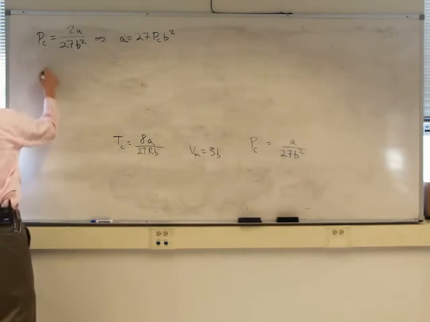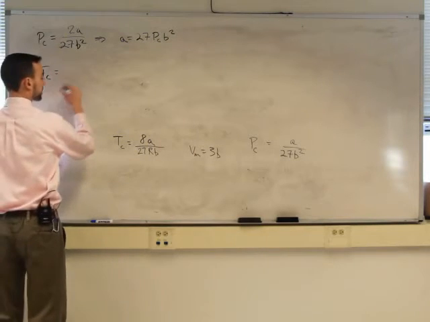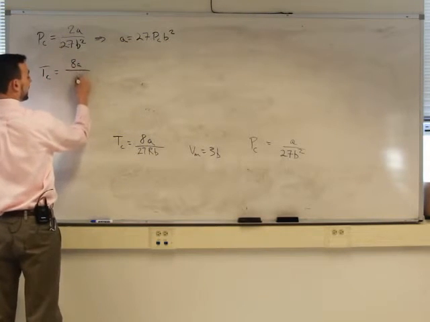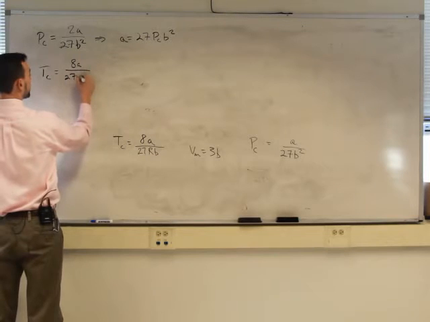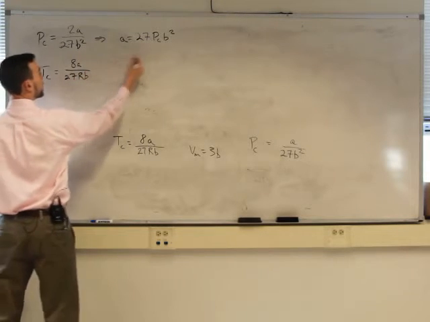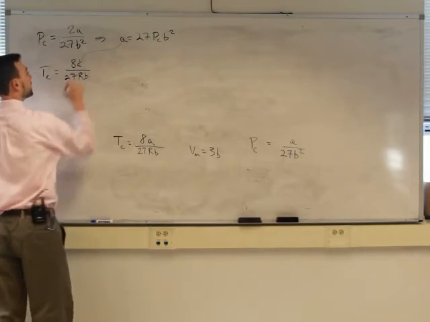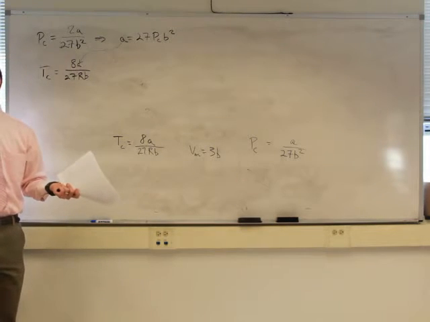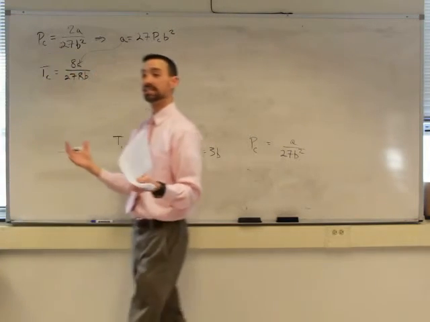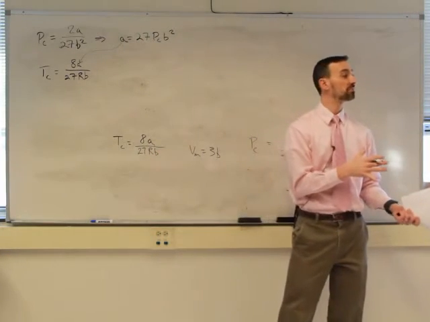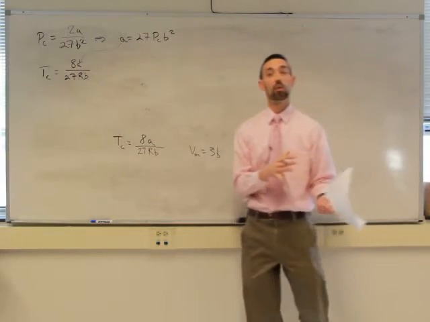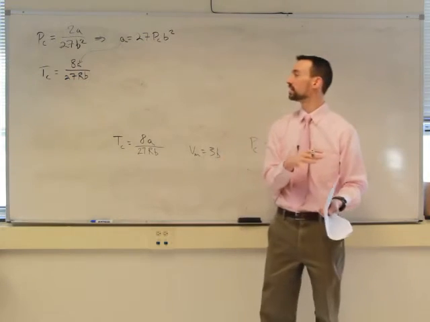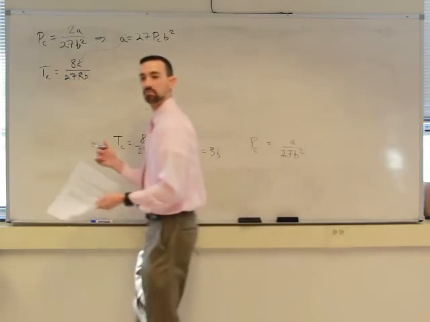I can substitute that then into my critical temperature expression, 8A over 27 RB. So I'm going to use this A down here. This is going to eliminate A. And it's going to give me T in relation to B only now. Or B in relation to T and P.